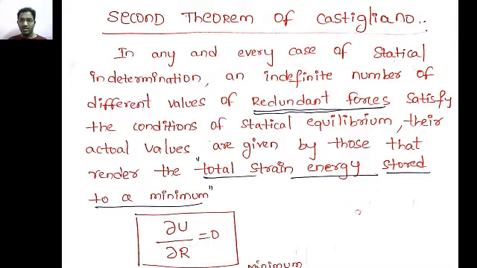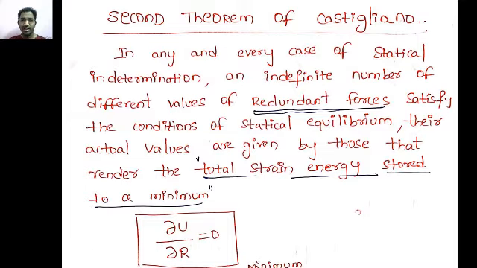When you compare with the equations of equilibrium, if there is any extra force, that is the redundant force. To find that redundant force, we apply Castigliano's theorem, which involves stored strain energy. The total strain energy must be a minimum. If the total strain energy is a minimum, then we can get that redundant force.